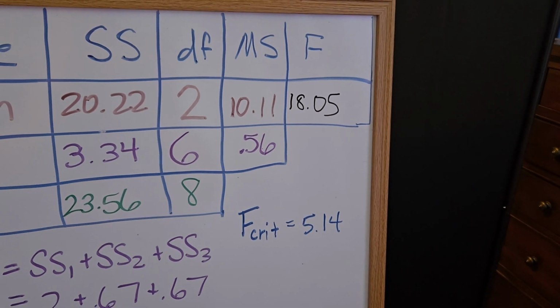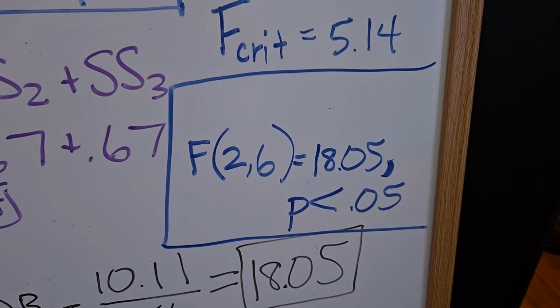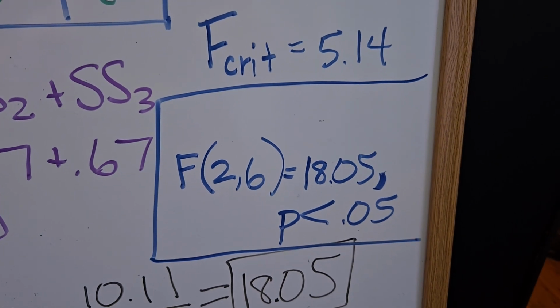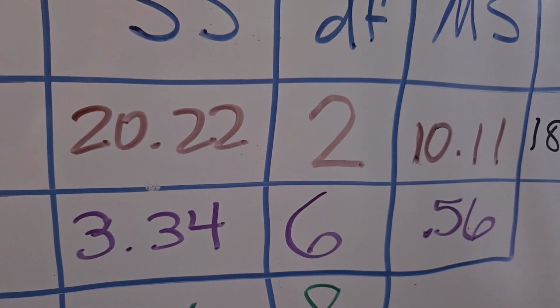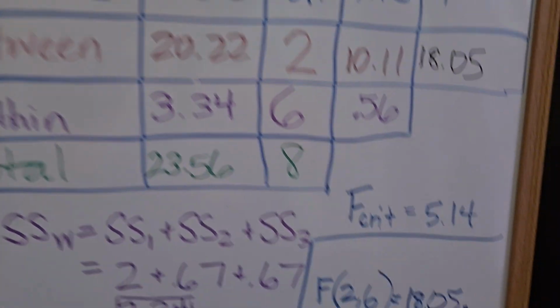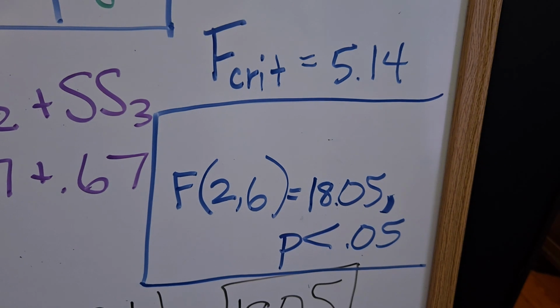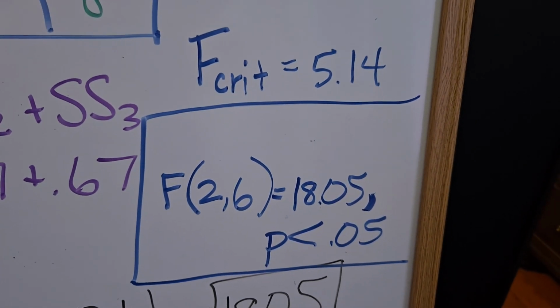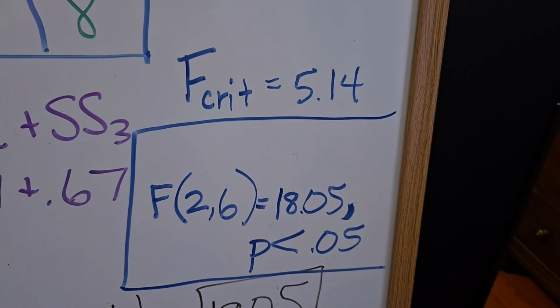And so how would we write this? So in the box here, we'd write capital F and in parentheses 2, 6, your between, your within degrees of freedom. So F with 2, 6 degrees of freedom equals 18.05, comma, lowercase p is less than 0.05. What does that mean?